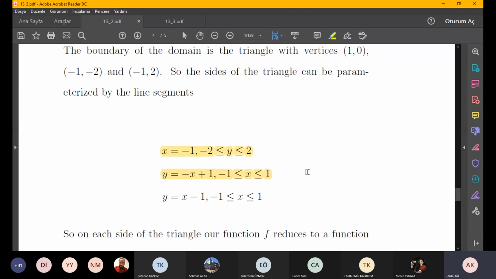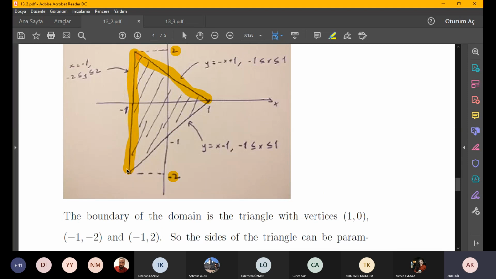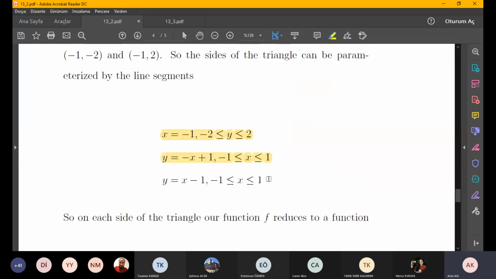And the last one is y equals x minus 1. Again, this is defined for x values in between minus 1 and 1. So those are the line segments of the triangle that we have as a restricted domain.